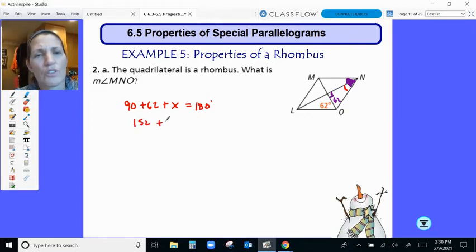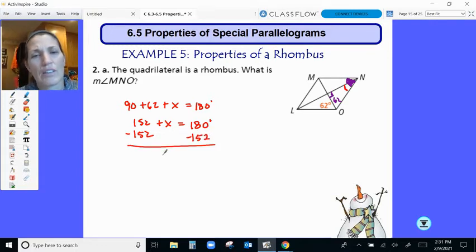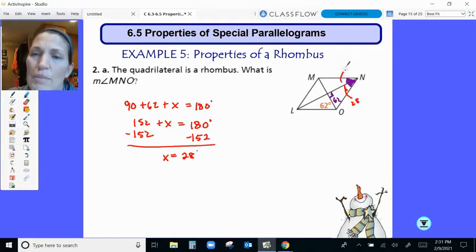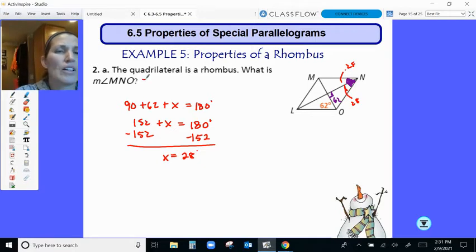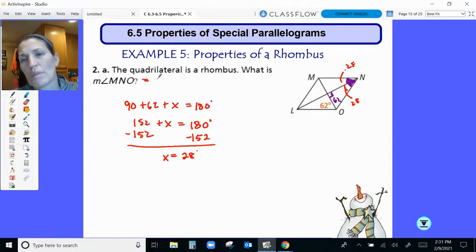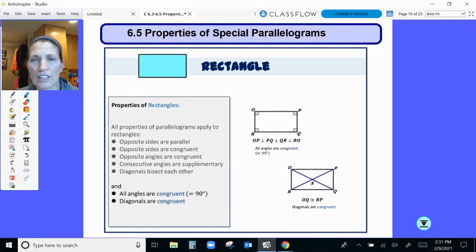So 152 plus x equals 180 degrees. So we're going to subtract 152 from both sides. So x is going to be 28 degrees. So right here's 28, which means that this one is also 28. So that means that MNO is equal to 28 plus 28, which would be 56 degrees. Okay? So it's like putting little pieces of a puzzle together with these things.